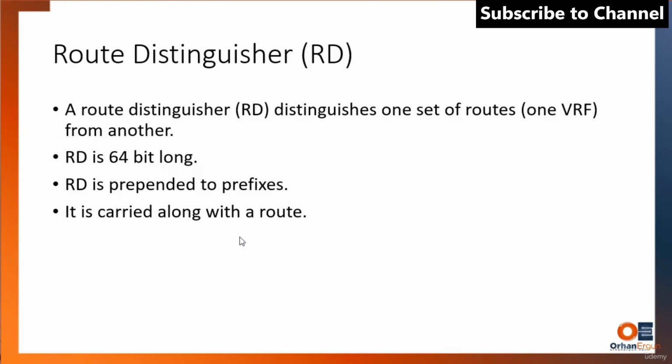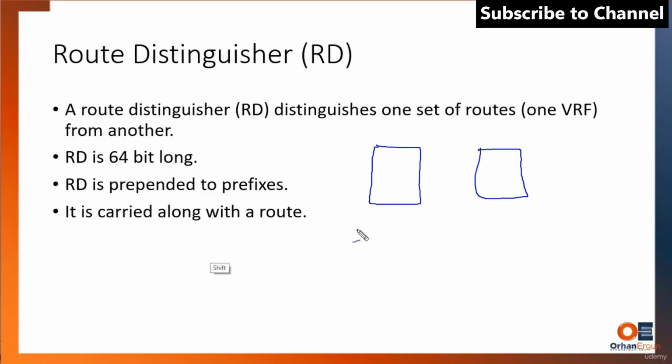So we have some key features like route distinguisher, which is very important to understand. What is a route distinguisher? Like I said, we can have multiple routing tables inside the router. So this is the first one, this is the second one.